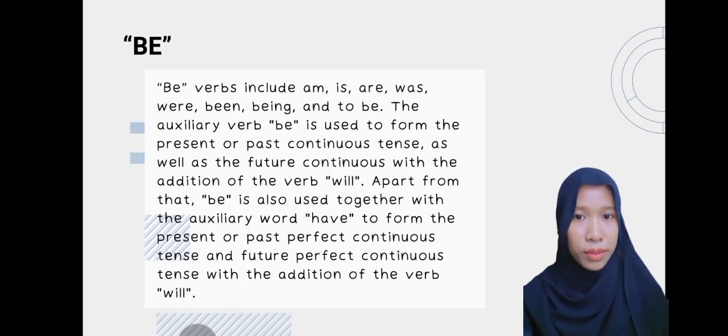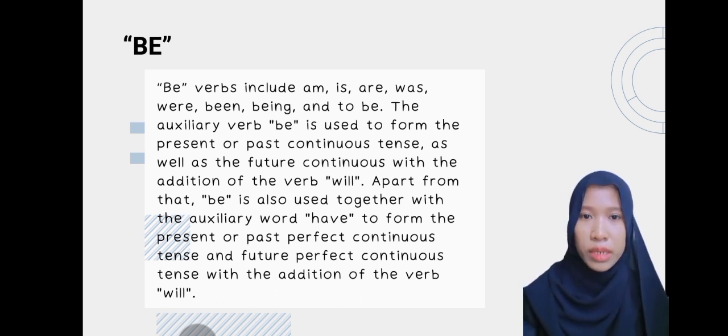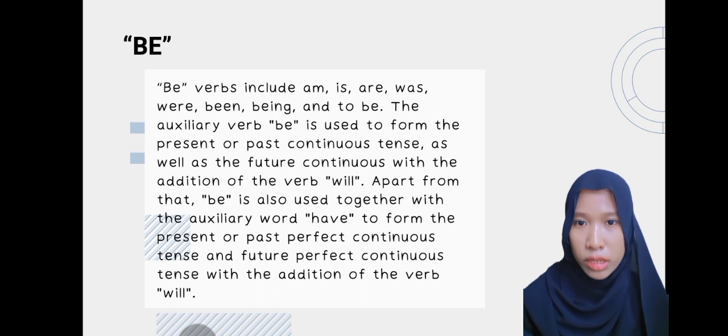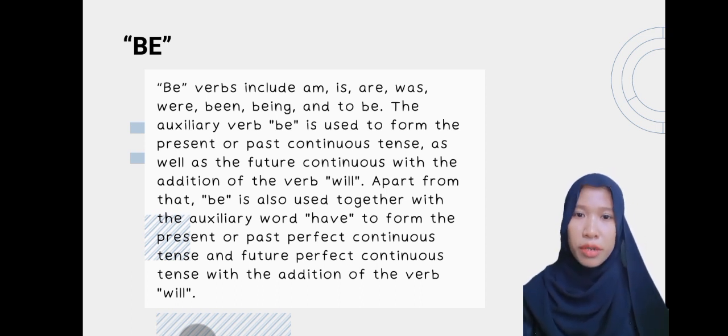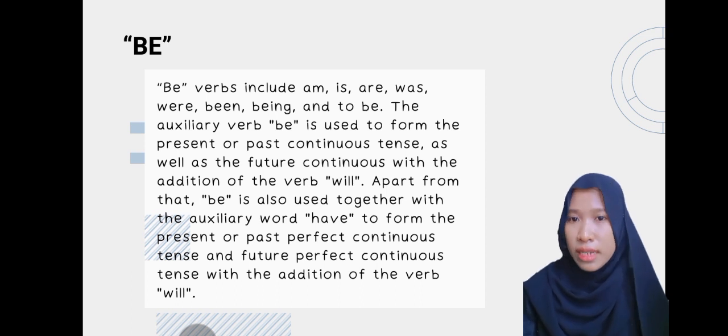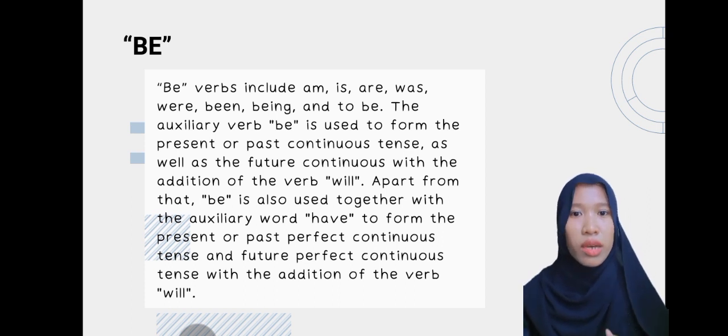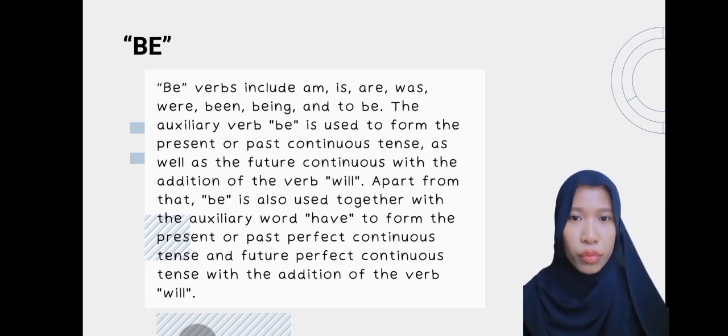Okay, next, be. Be verbs include am, is, are, was, were, been, being, and to be. The auxiliary verb be is used to form the present or past continuous tense as well as the future continuous with the addition of the verb will.